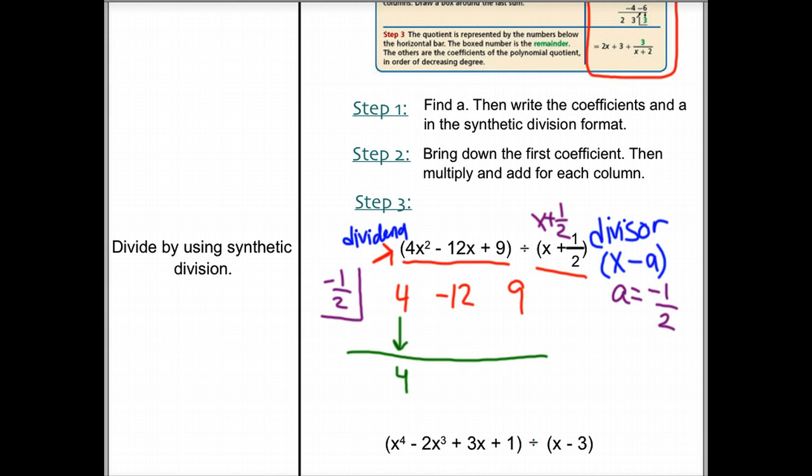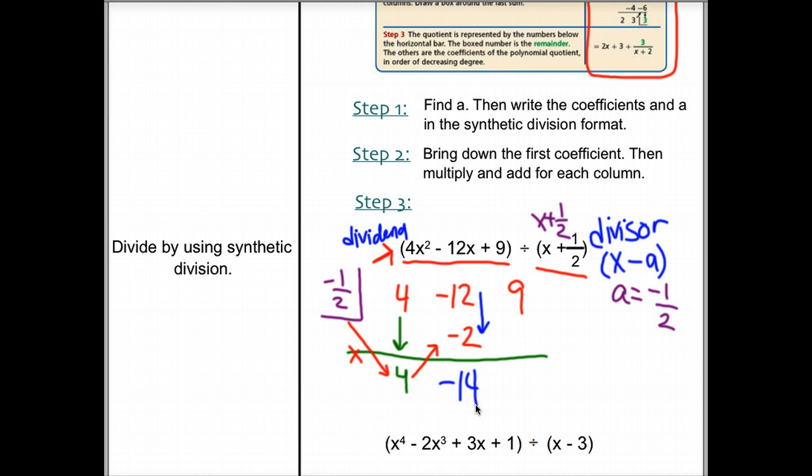And then we multiply negative 1/2 times 4, and we get negative 2, which we put up here. So again, we multiplied a times 4 to get this negative 2. Now we add them, so negative 12 plus negative 2 is negative 14.